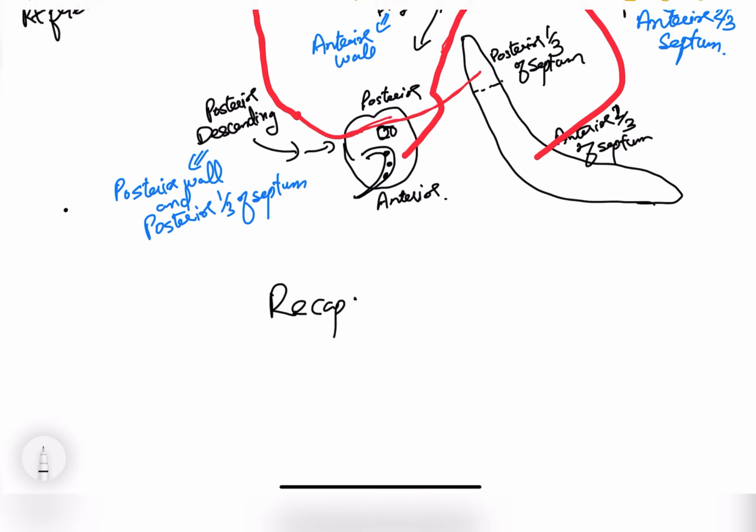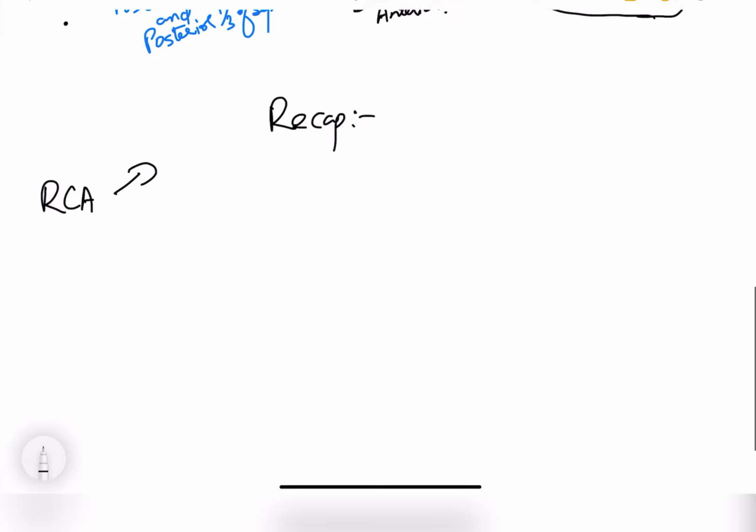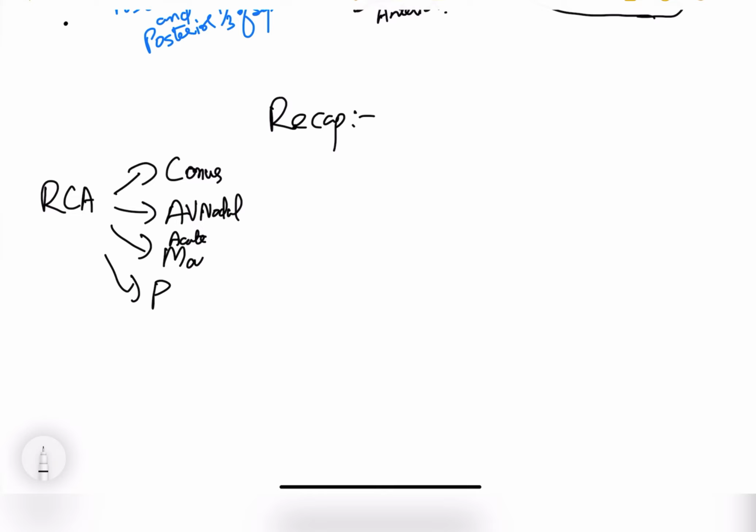So let's recap once more. The RCA supplies the conus, AV nodal, acute marginal and posterior descending branch. CAMP, remember like that.